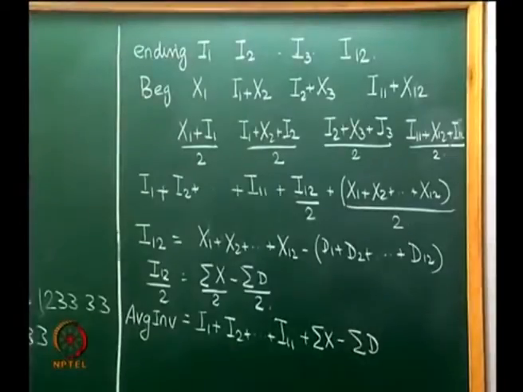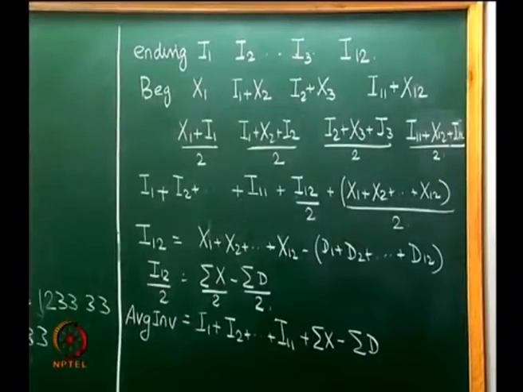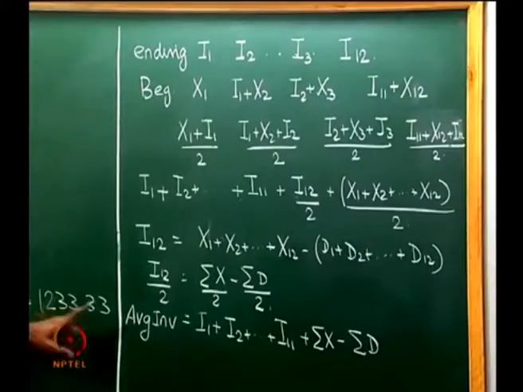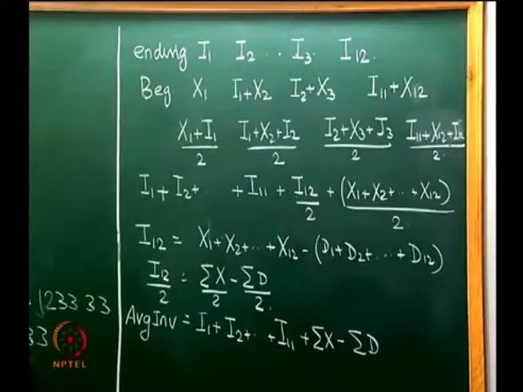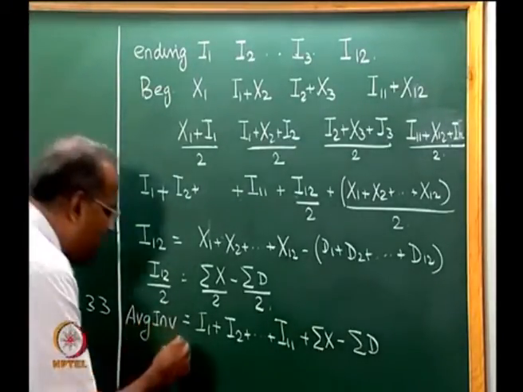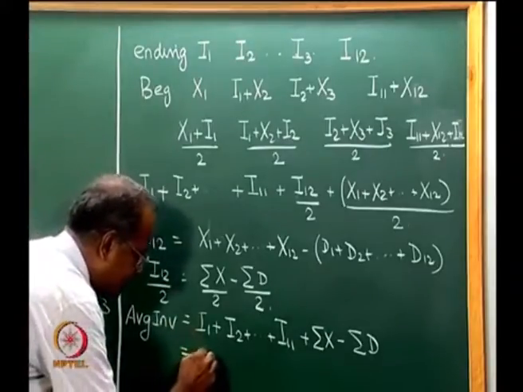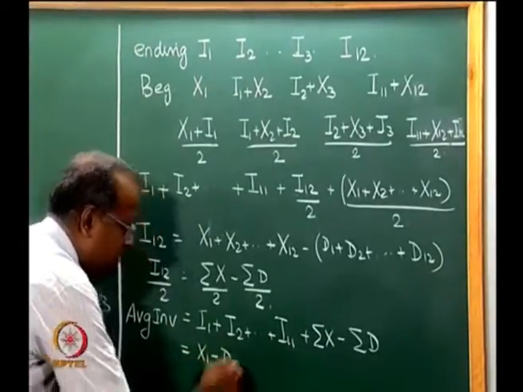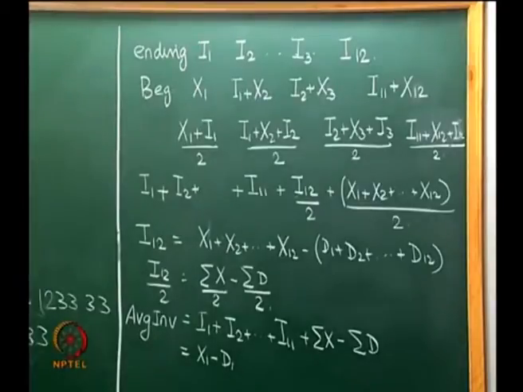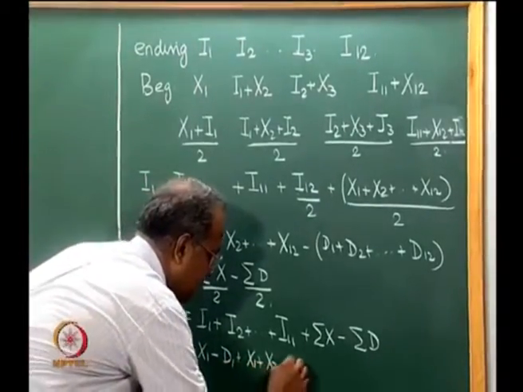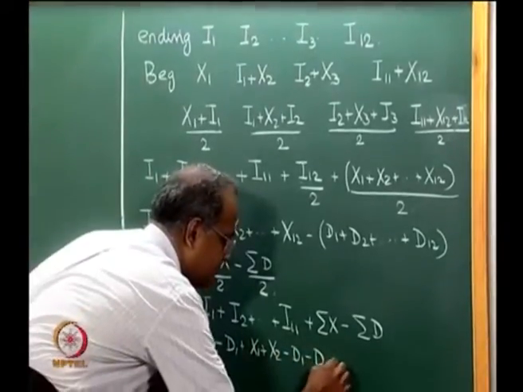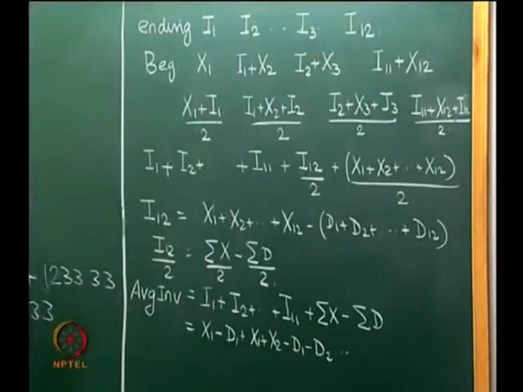Now, we need to go back. We can actually look at it in two ways, but the more mathematical way is to try and define what are these I1, I2 up to I11 and then see what they are. Now, what is I1 plus I2? I1 is x1 minus d1, I2 is x1 plus x2 minus d1 minus d2 and so on.